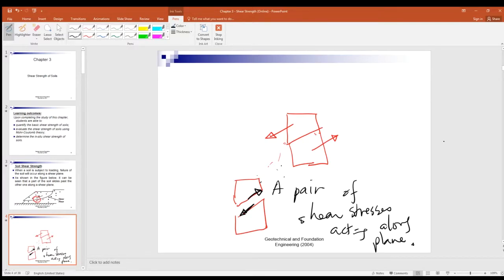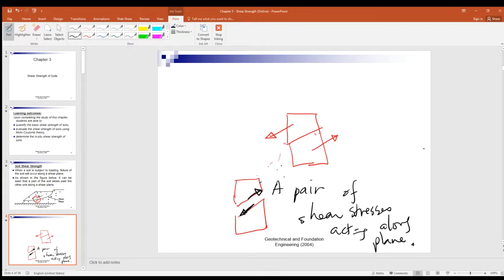Now, why does the soil have that kind of behavior? It's very different from that of steel and concrete. It's because concrete and steel are very uniform material, or sometimes homogeneous material.